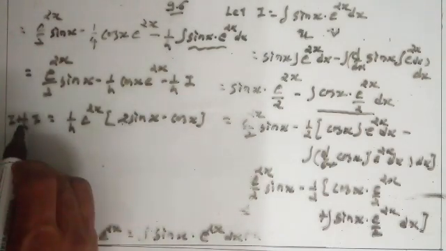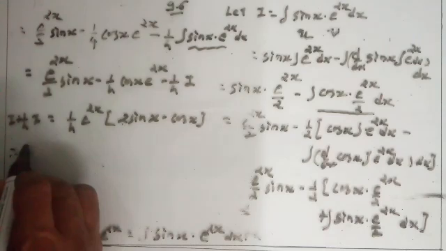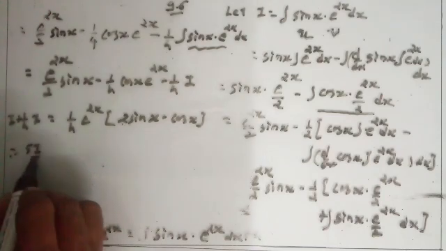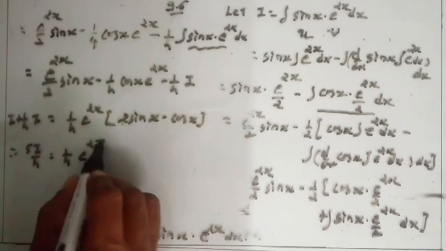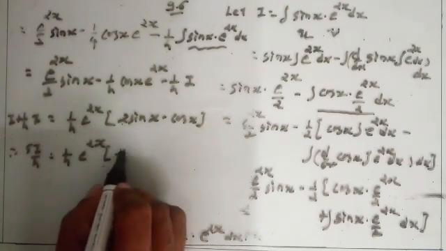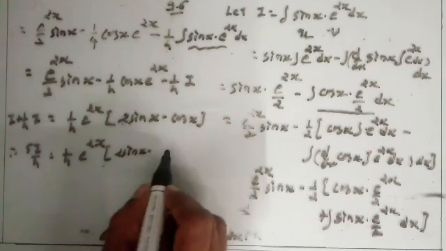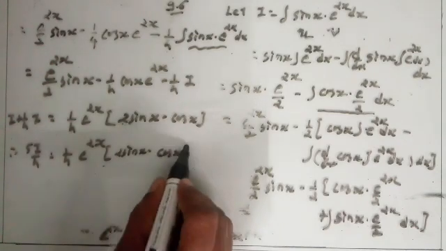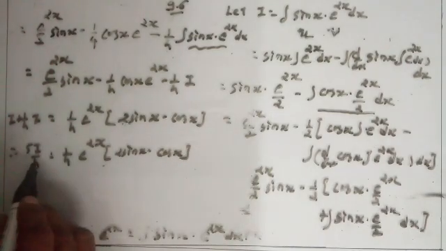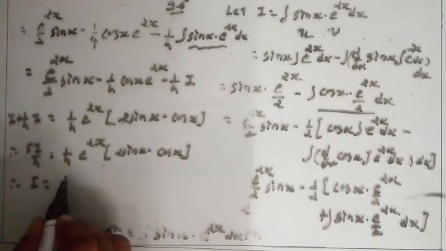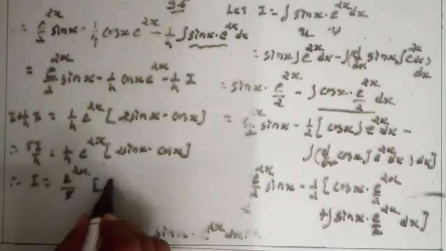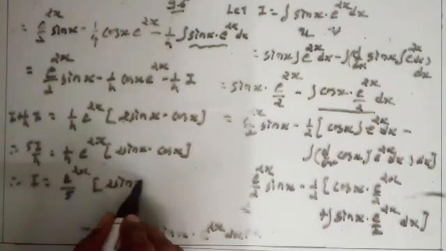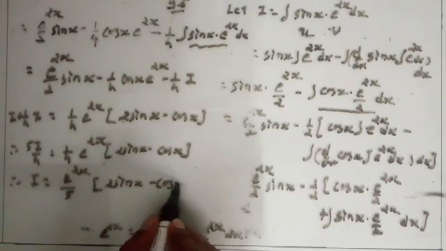Now simplification, 4 take LCM, so here we get 5I upon 4 is equal to 1 upon 4 e raised to 2x into 2 sin x minus cos x. Clear? 4 cancels, 5 goes to the other side, so I is equal to e raised to 2x upon 5 into 2 sin x minus cos x.